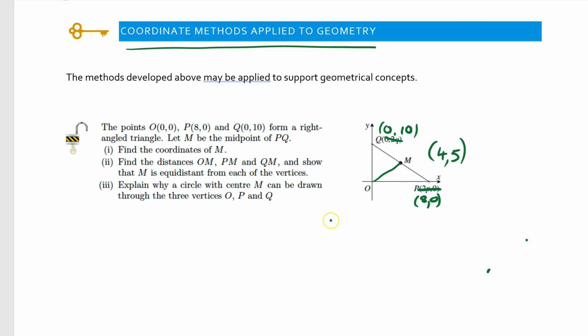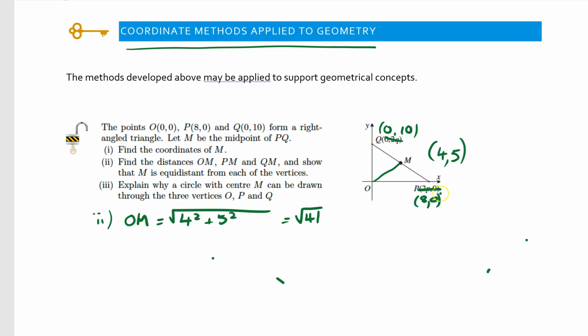Distance formula for OM: OM will be the square root of the difference in the x values, 4 minus 0, which is 4 squared, and the difference in the y values, 5 minus 0, which is 5 squared. So that's the square root of 41, which we can't break down any further.